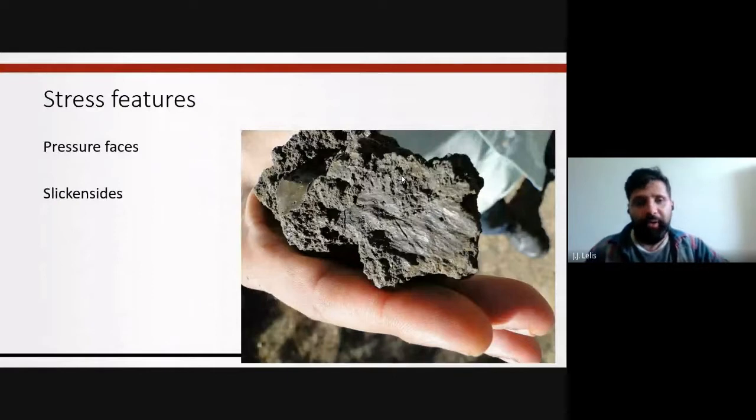And we can see some stress features too, okay? Some features that are not formed by clay eluviation, but by shrink and swell processes. So if soil has a lot of high activity clays, it suffers a lot of expansive and retraction movements. These expansive movements can create some stress features.